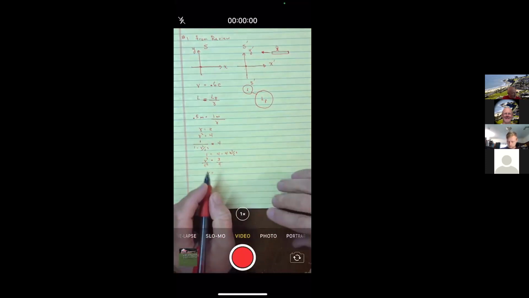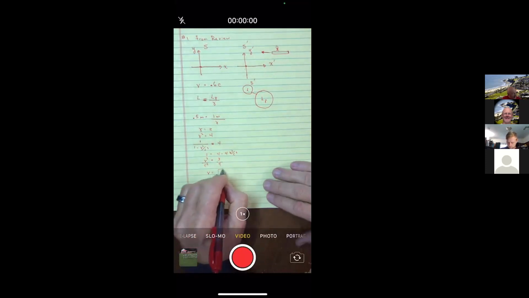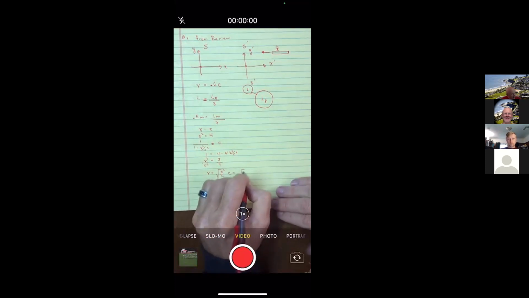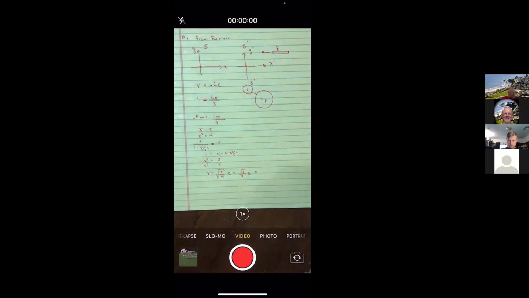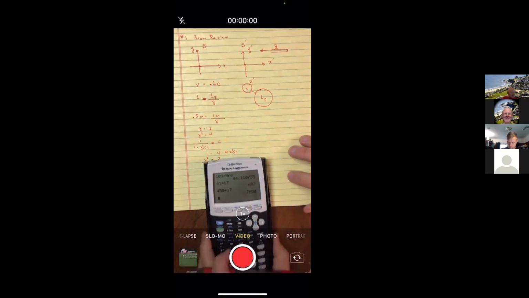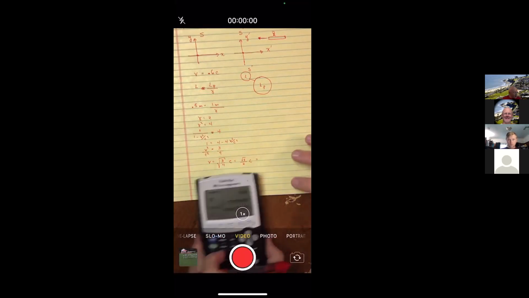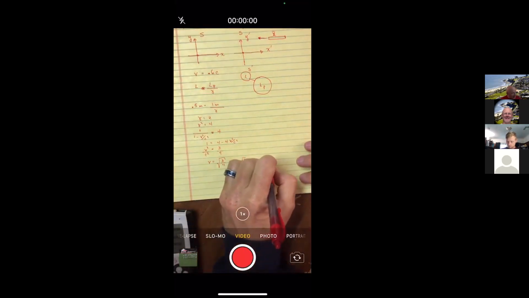So finally, for v, I get the square root of 3/4 times c, which is root 3 over 2 c, which if I convert that to a decimal, the square root of 3 divided by 2 is 0.8.